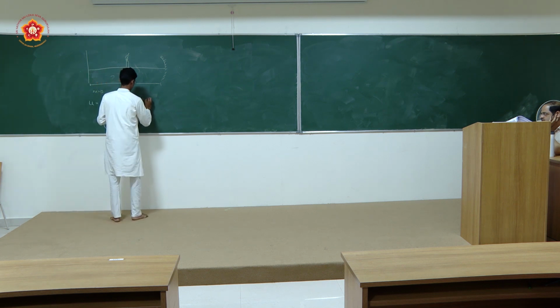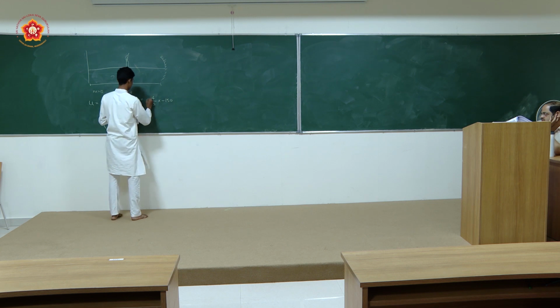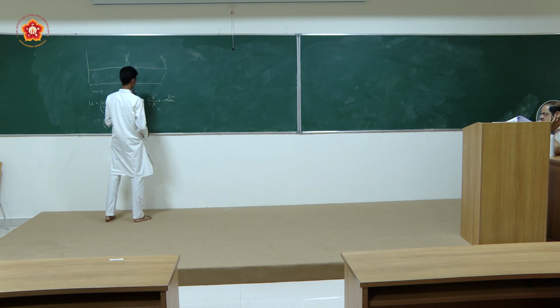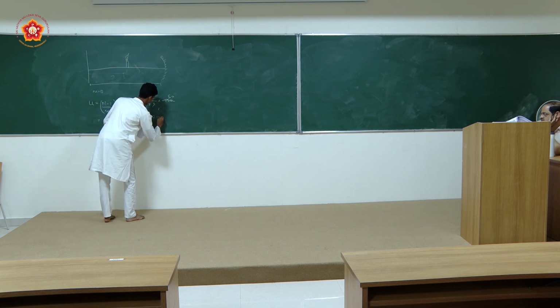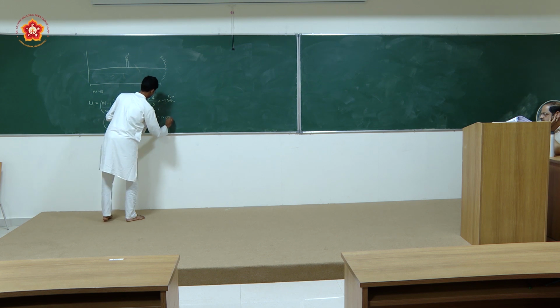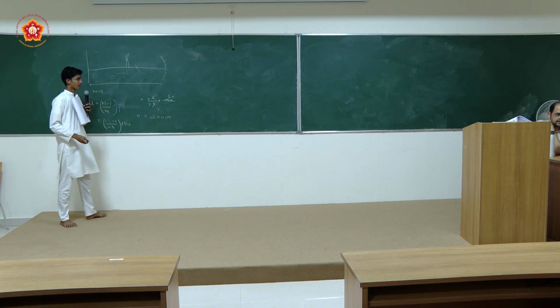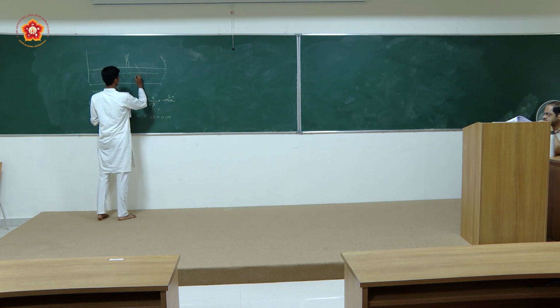Then -4 by -3 into -150, so minus will get cancelled. 3 ones are 3, 50 fours are 200. So I got u as -200 centimeter. So from here to here, it is 200 centimeter.